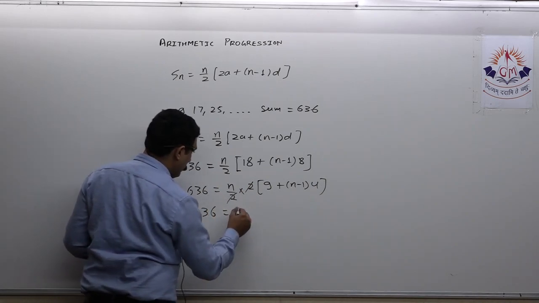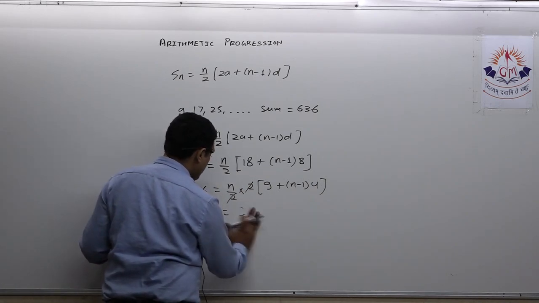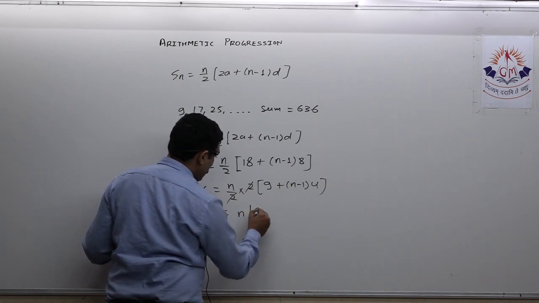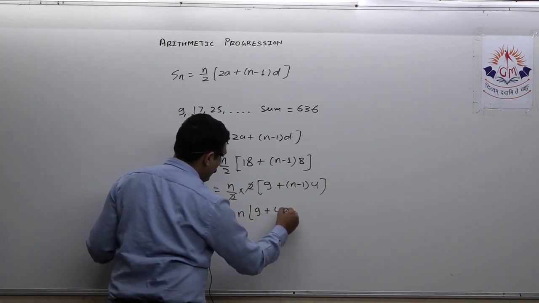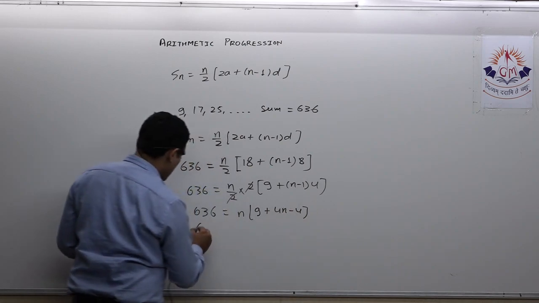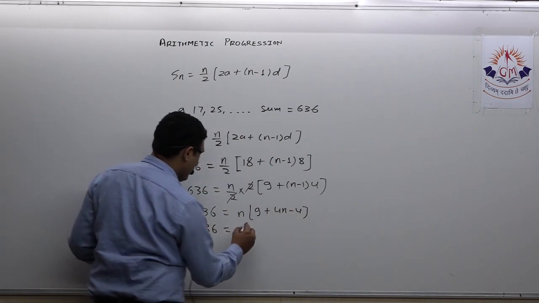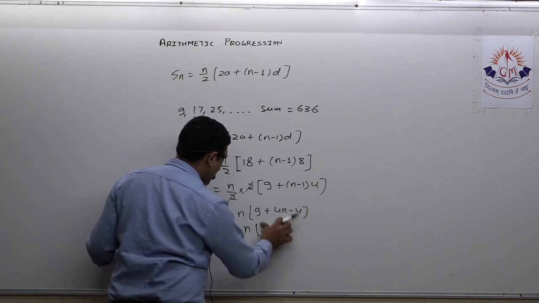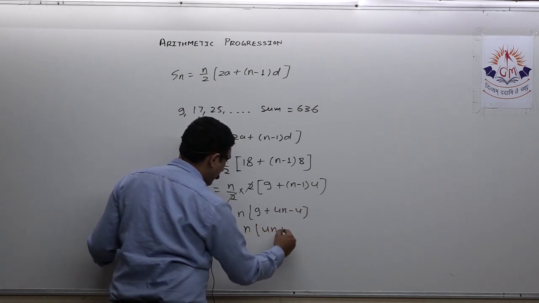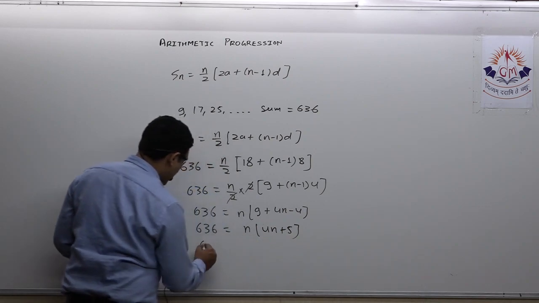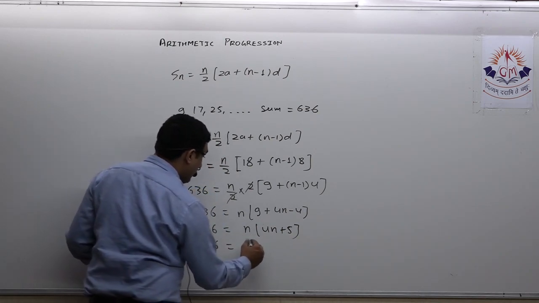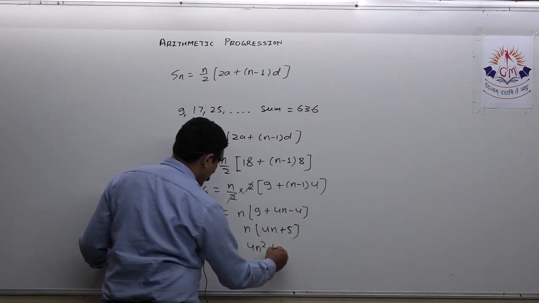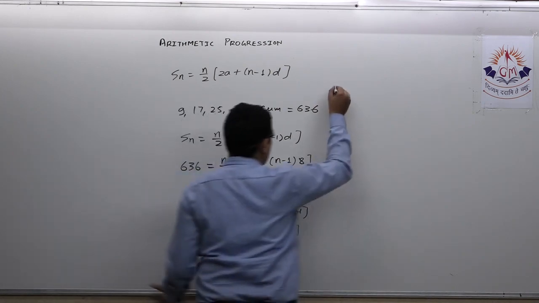636 is equal to n (9 plus 4n minus 4). So this will become 636 equals n (4n plus 5). So ultimately I will get a quadratic equation over there, 4n square plus 5n.